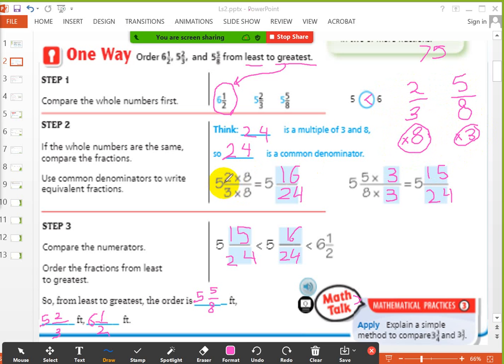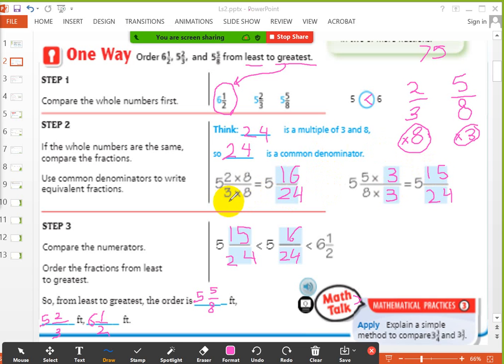So if you multiply the first one, 2 over 3, with 8, it will be 16 over 24. And then if you multiply 5 over 8 with 3, it will be 15 over 24. So now you have the same denominator, 24, 24. Now, can I compare the numerators? Yes. 16 is greater than 15.